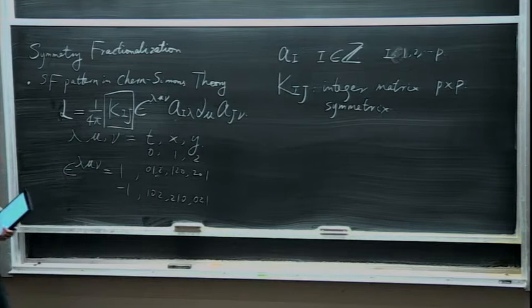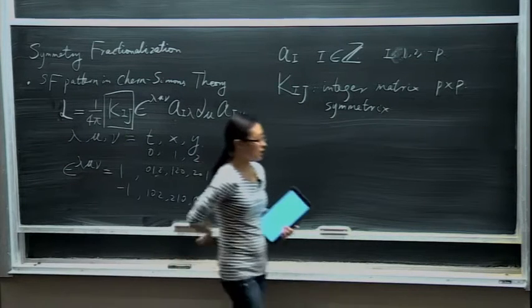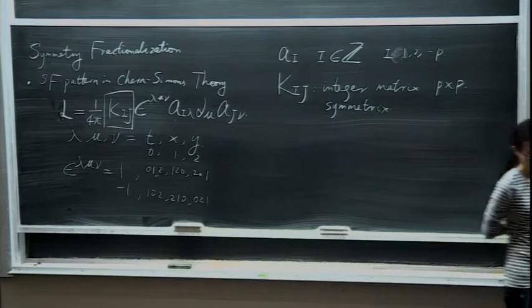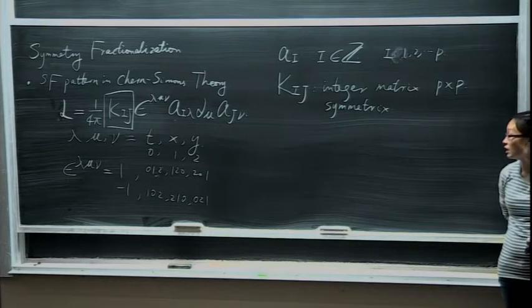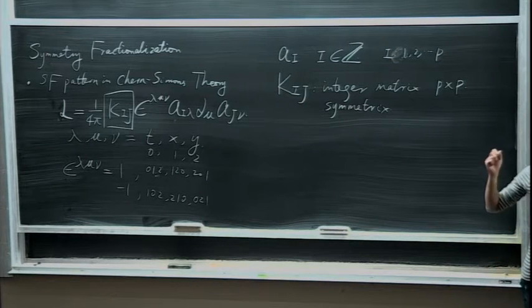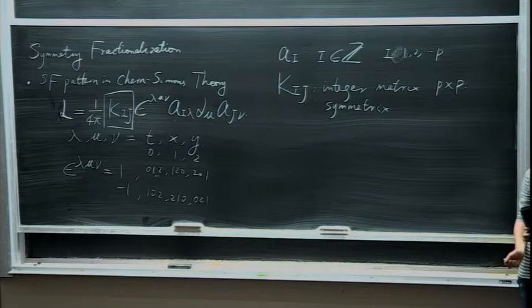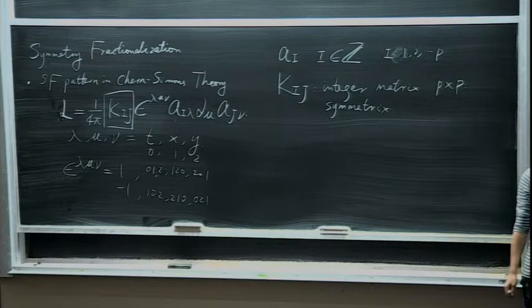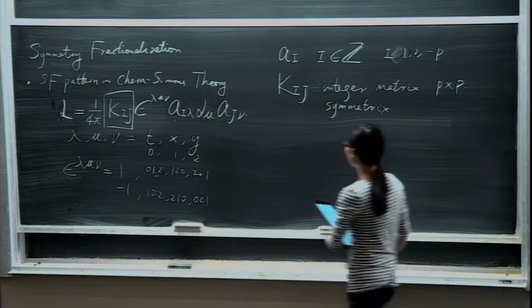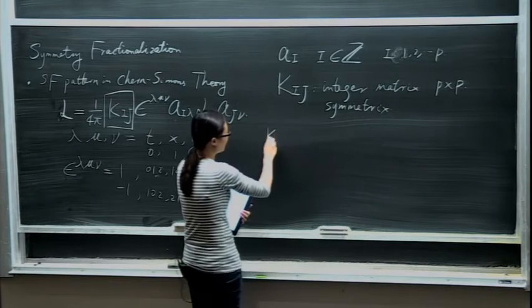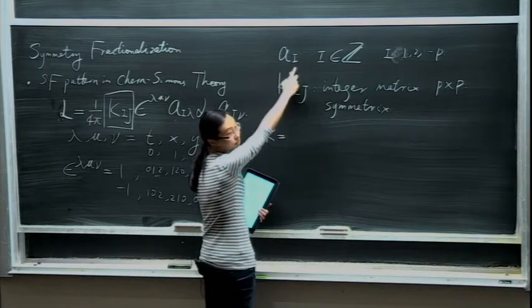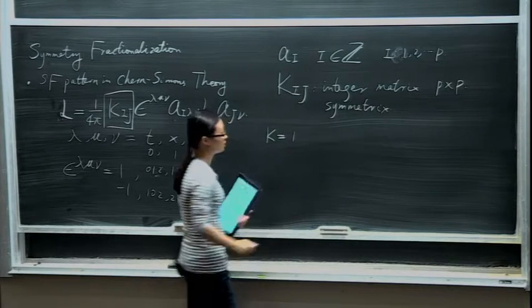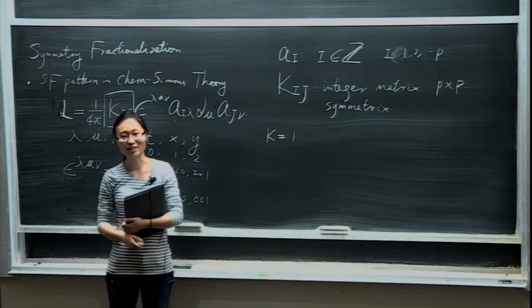Okay, so by writing this down, of course, we're just specifying the theory, the topological part of this theory, and we can read from this K matrix what kind of quasi-particles there are and what their statistics are. For example, in the simplest case, we have just one component of the U1 gauge field. So K can just take the value of 1.